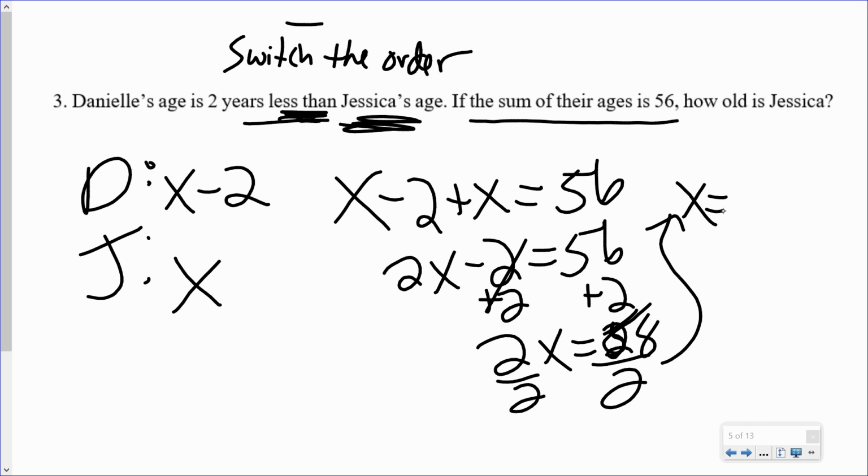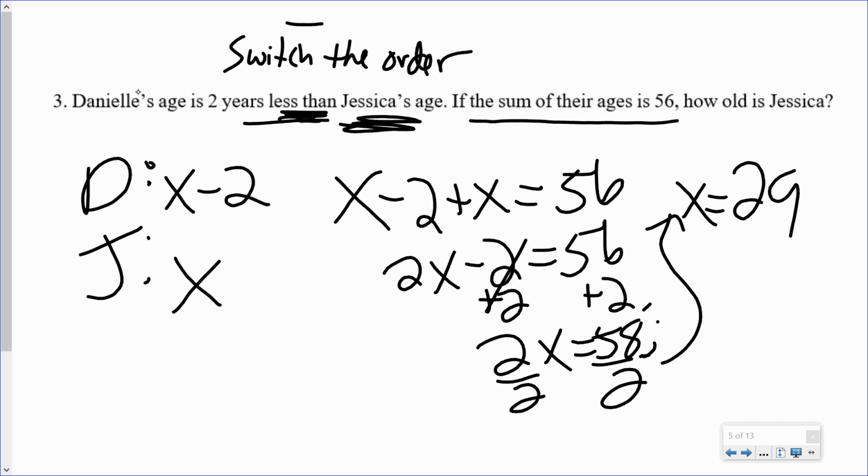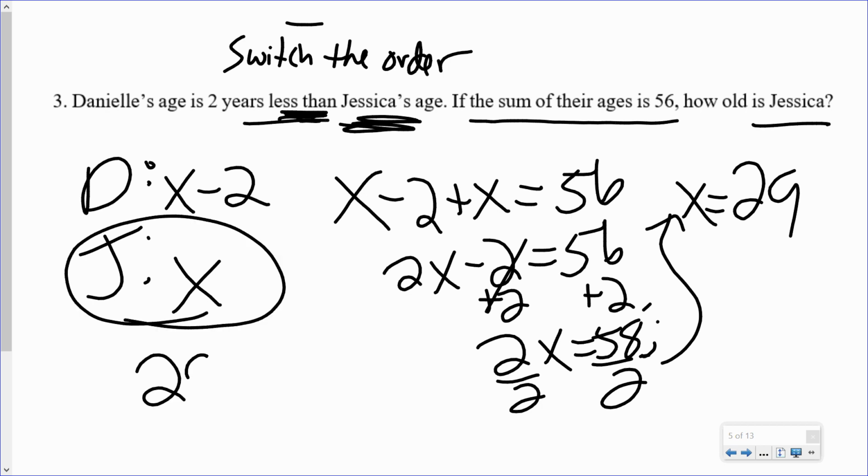X equals, a little messy, 29. The question is asking for how old is Jessica. Jessica is X. Jessica is 29.